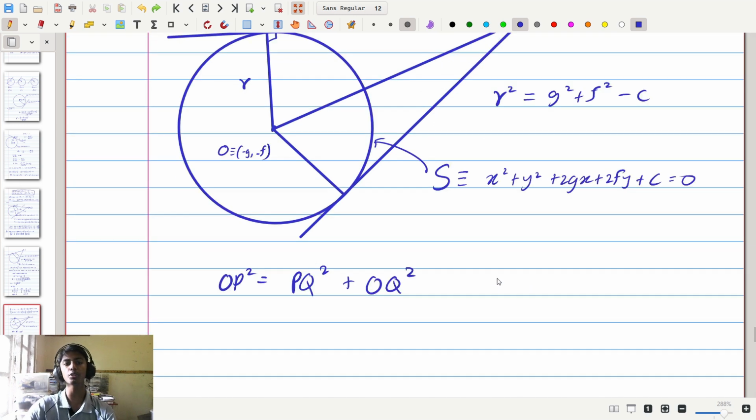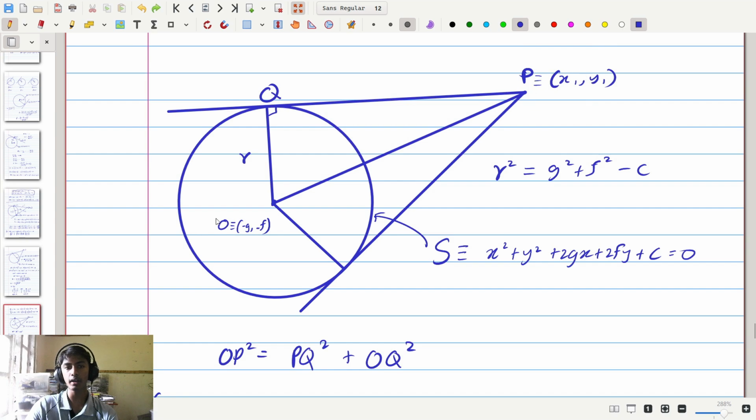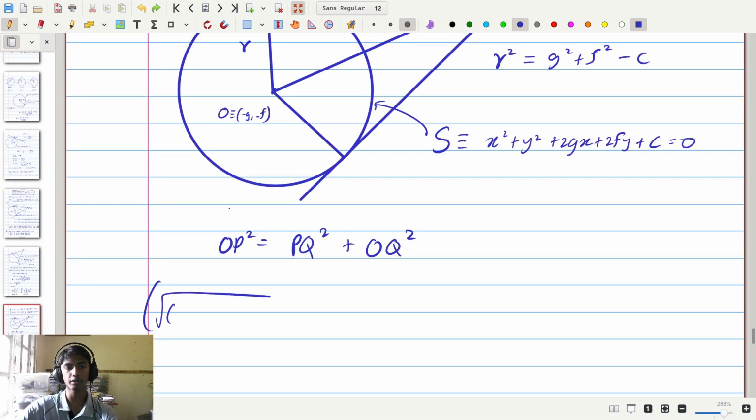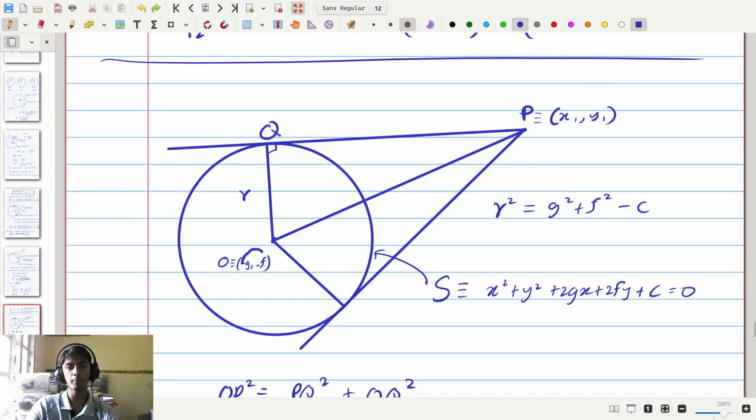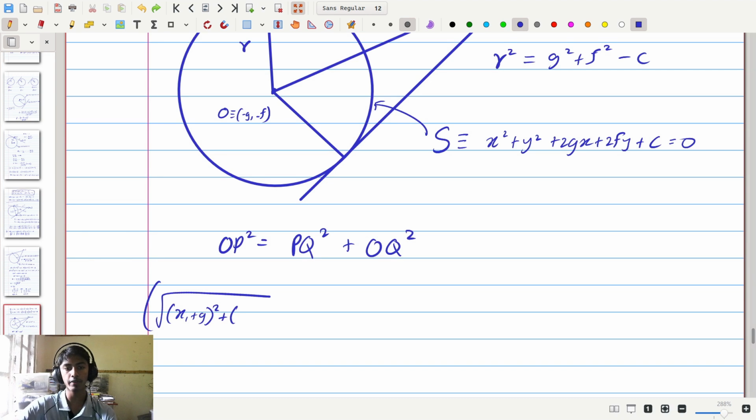So therefore, substituting that in, OP squared is equal to the x difference squared, which is going to be the coordinate x1 minus negative g, squared. So we can write that as (x1 plus g) squared plus the y difference, which is going to be y1 minus negative f, which I'm going to write as y1 plus f. So (y1 plus f) squared.